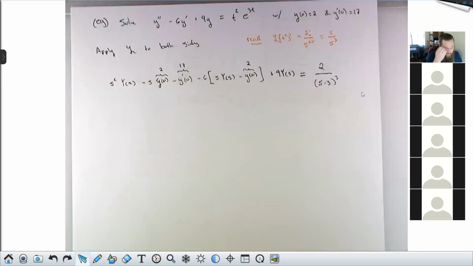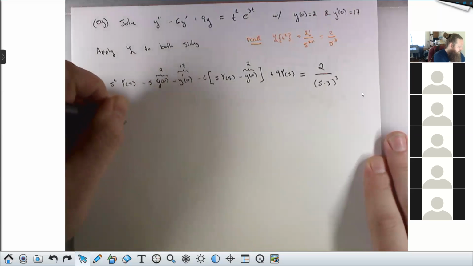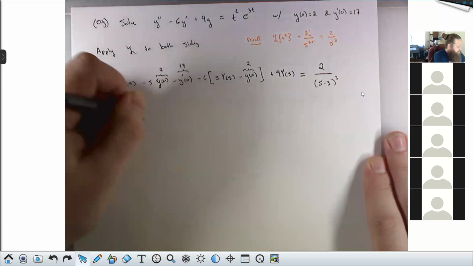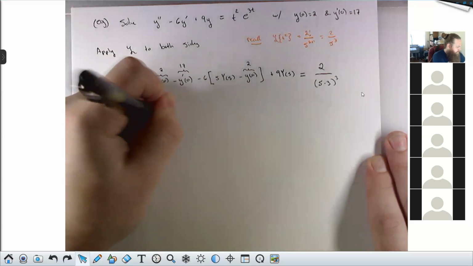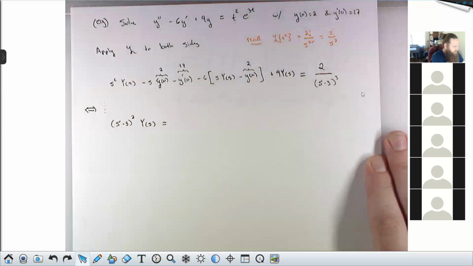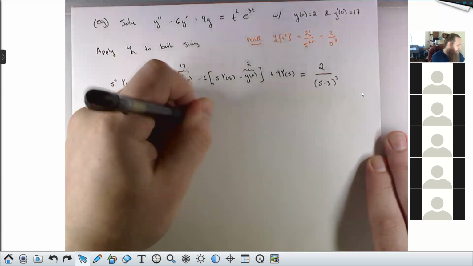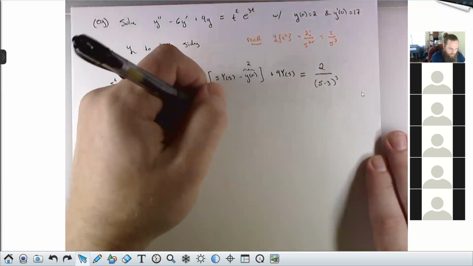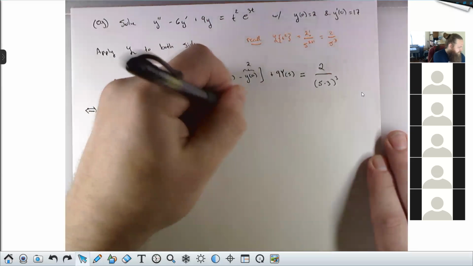If you clean all this up and push all the constants to the right-hand side, you'll get s minus 3 quantity squared times capital Y of s is equal to, pulling all the terms that didn't have a capital Y to the right, 2s plus 5 plus this term, 2 over s minus 3 cubed, sorry, yeah. I'm just taking my notes.